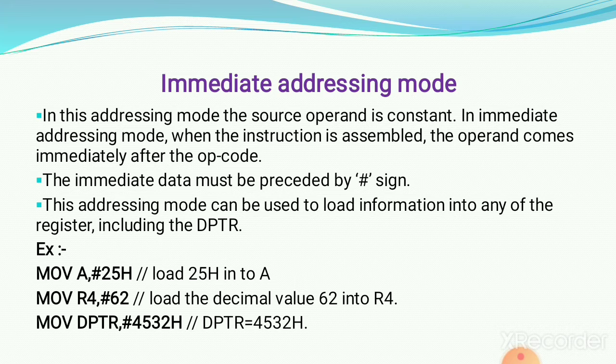The way we identify the immediate addressing method is by the hash sign. When any number is preceded by the hash sign, the addressing of the instruction will be immediate addressing mode. This addressing mode can be used when a number is to be placed in the register or memory.